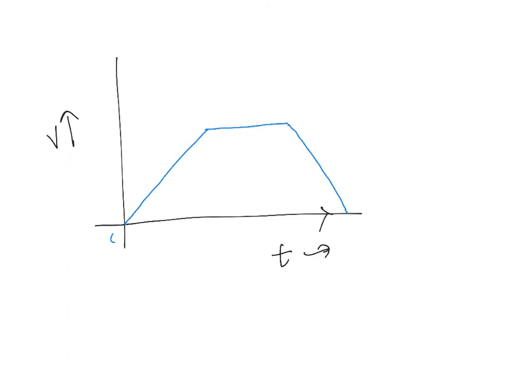So maybe this is my 0 second, maybe this is my 10 second, this is my 20 second, and this is my 25 second. These are all on the time axis, so these are all in seconds. And here on my velocity axis, this is my 20 meters per second velocity, and this is 0, obviously it starts with 0.